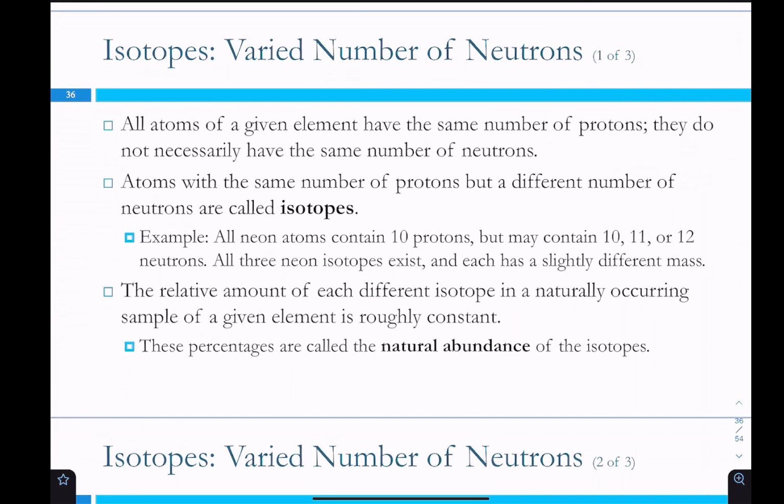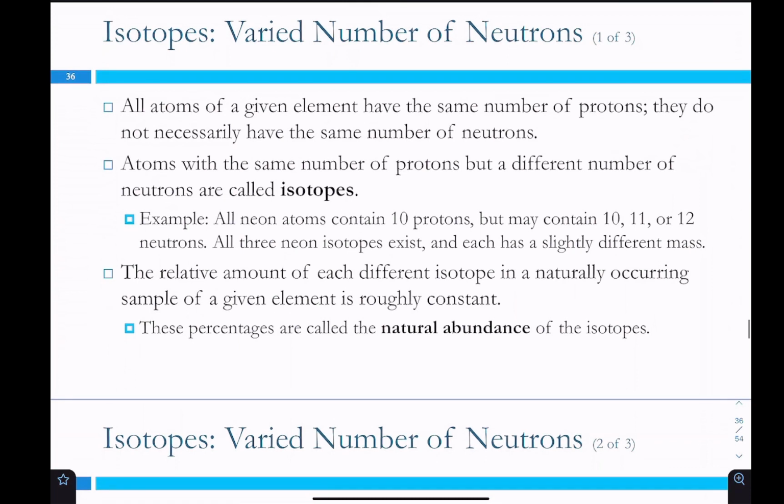One of those is chlorine, which I believe is 35 and 36. So you can have chlorine 35 or chlorine 36, and they're almost equal, so you get this mass on the periodic table, 35.45.